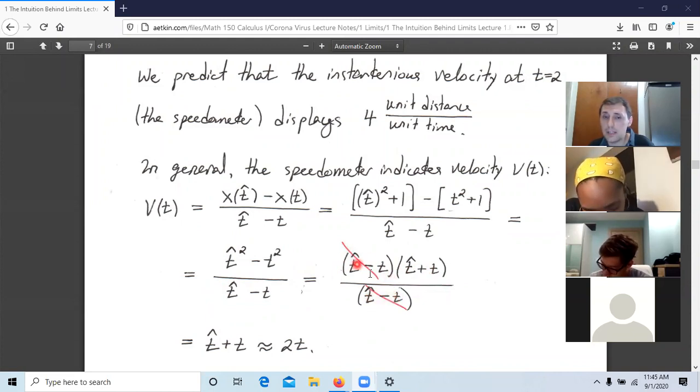And then I cross out t hat minus t. You see, and when I cross them out, I have t hat plus t. And this I pretend is the same. T hat is a fake t, but really I pretend it's t. So my estimate is that the velocity is always twice the time.